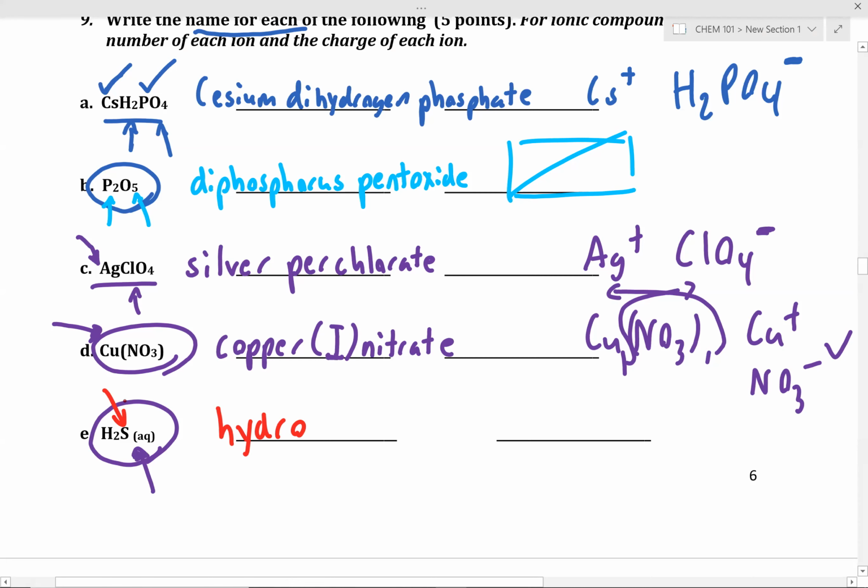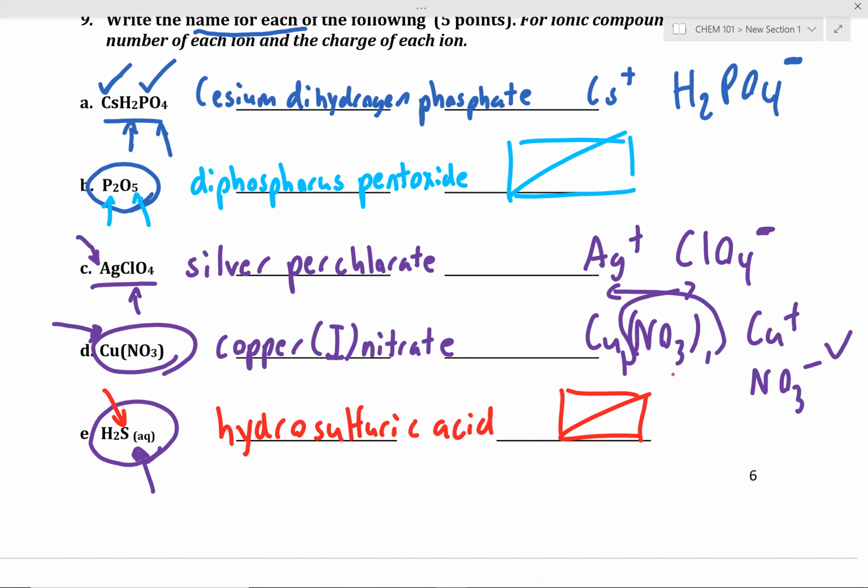Instead of sulfur, it would be sulfuric. So this is hydrosulfuric. And then since it's an acid, what do we write at the end? Acid. And since it's not an ionic compound, we don't have to worry about putting the charges. Does that make sense to everyone? Not too bad, right? Let's keep going now.